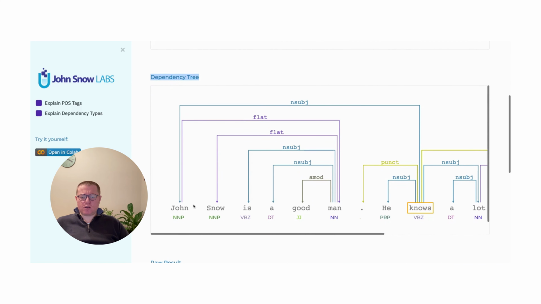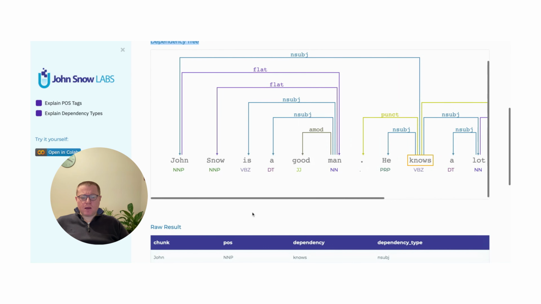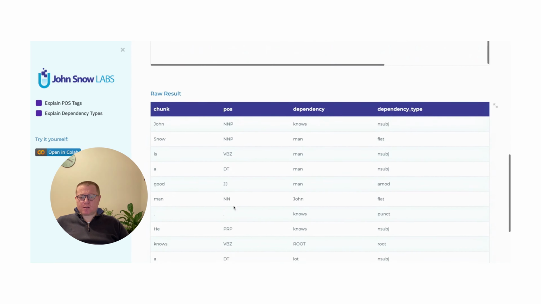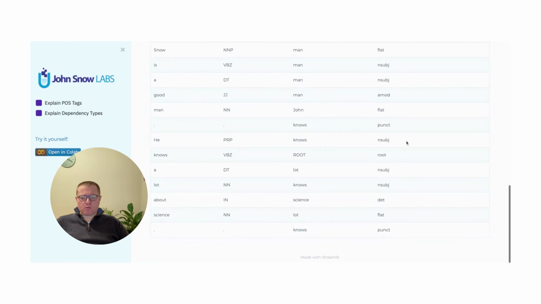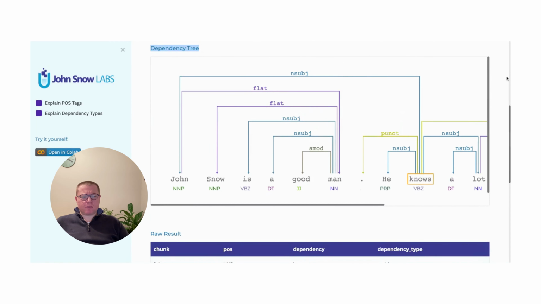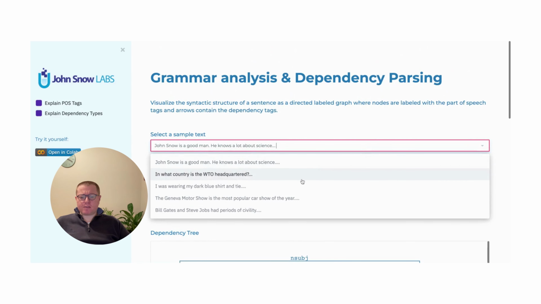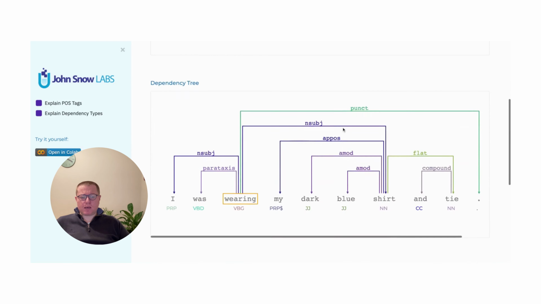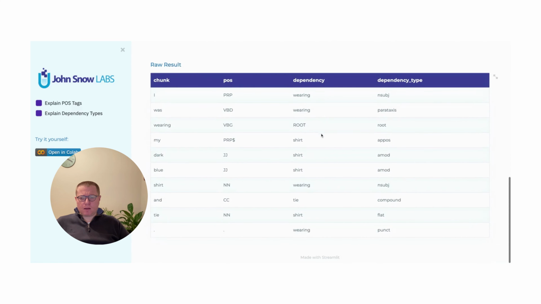You can see each token and the relevant part of speech and their dependencies like a tree, as you can see here. And this was the raw result. Here we see all the chunks, part of speech, the dependency and the dependency type. This has been generated via this pipeline. And when I change the text, for example, it is applied to this new text as well.